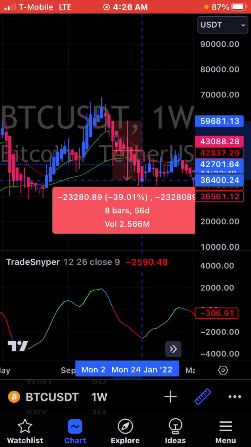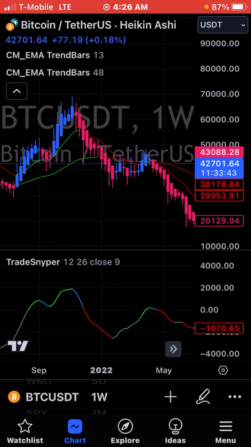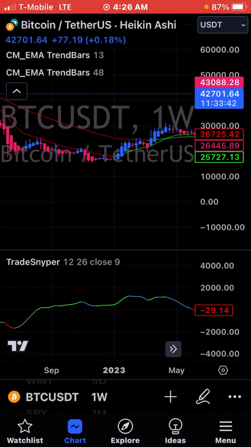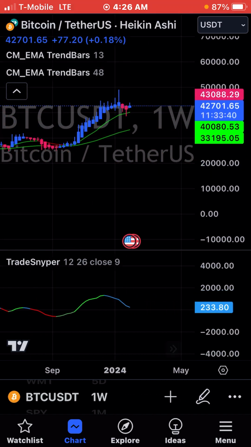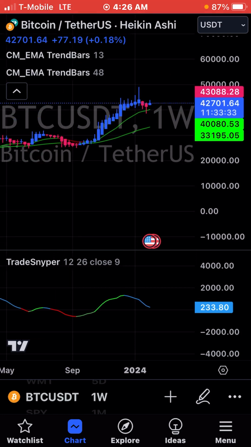So you would have made money going up, and you would have made money going down if you knew how to trade. This is why this is very key, and why I like this, and I'm holding on to this indicator for this purpose, for the halving, because I will know exactly when it's going to be going up and when it's going to start going down.